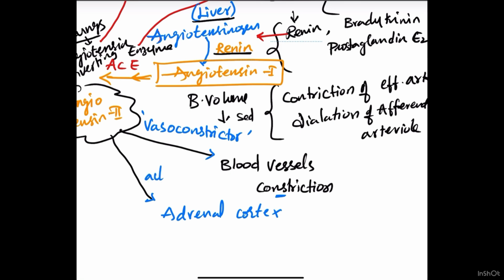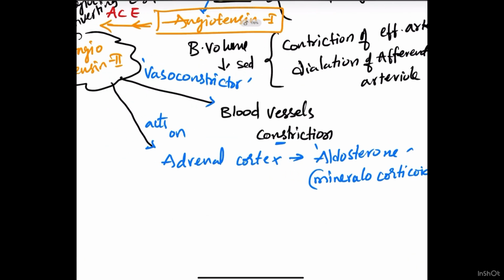From the adrenal cortex, aldosterone will come. Aldosterone is one of the mineralocorticoids. Now when blood vessel constriction takes place, blood pressure is going to be increased. As a result, blood volume and glomerular filtration rate are also restored.